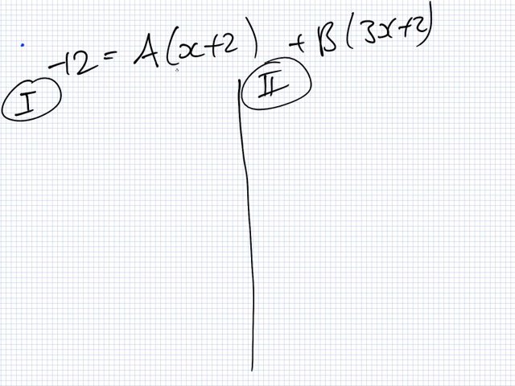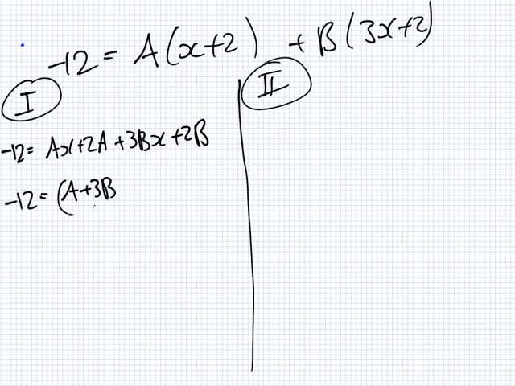I like this method because it works in most situations, as does the second method. Both are quite good here. So minus 12 equals Ax plus 2A plus 3Bx plus 2B. So minus 12 equals (A plus 3B)x plus 2A plus 2B.